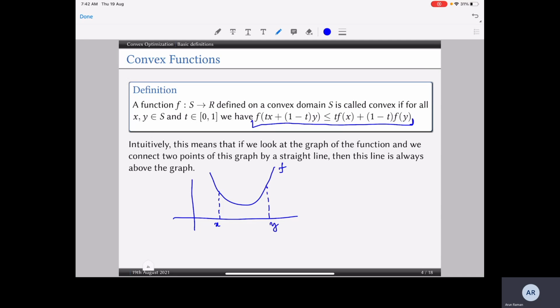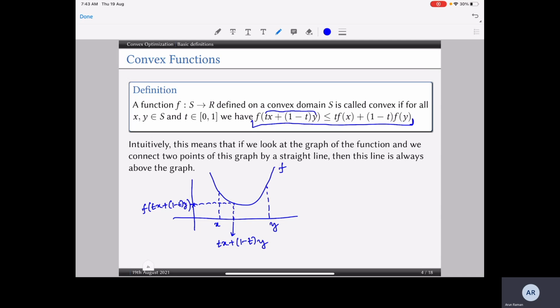On the left hand side, we have the argument tx plus (1 minus t)y, which means some point in between x and y. Now we are interested in the value of the function at this point, f of tx plus (1 minus t)y. This is our left hand side.